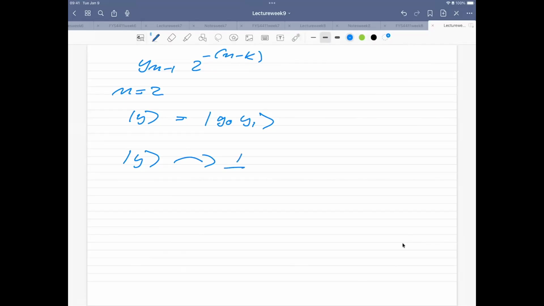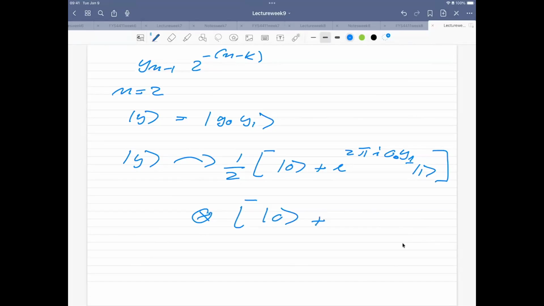This is equal to 1/2, and then I have my qubit 0 plus e of 2 pi i, and then I have 0, multiplied, so this 0.1 is actually the binary float representation of 1, and tensor product with 0 plus e of 2 pi i, and then I have 0, 0, 1, and 1.